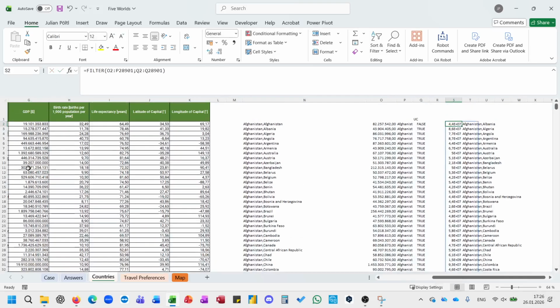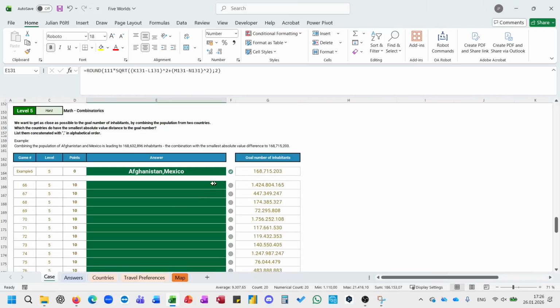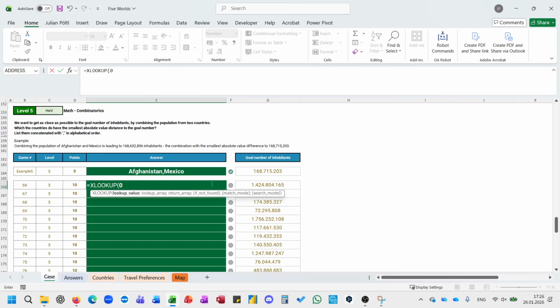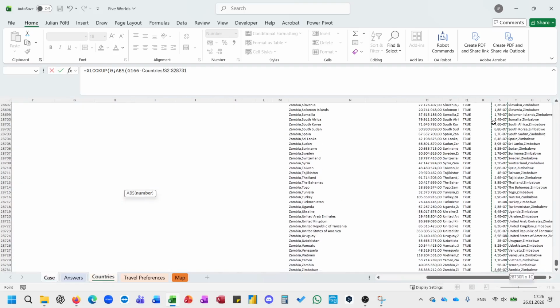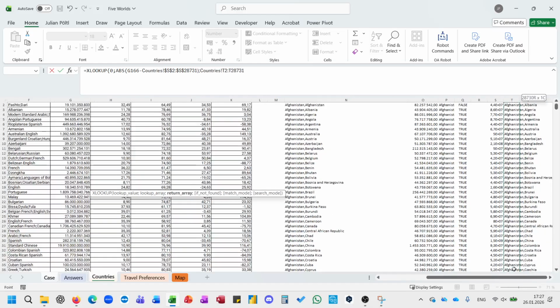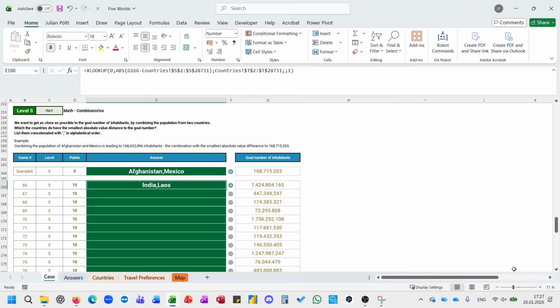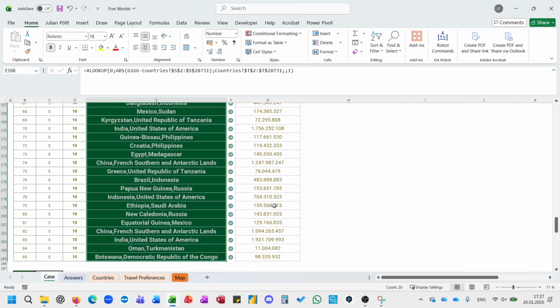And now we can do the following: do an XLOOKUP for 0 in ABS of our goal number minus all possible combination numbers, returning the sorted countries. Match mode should be exact match or next larger item. So if it's not 0, then it's 1. If it's not 1, then it's 2. And we are going therefore up this combination stuff, and they can then track it down.